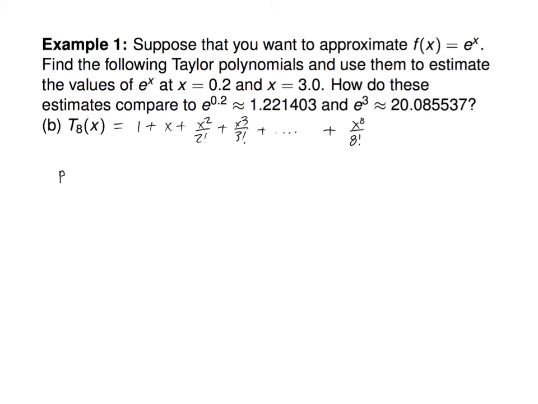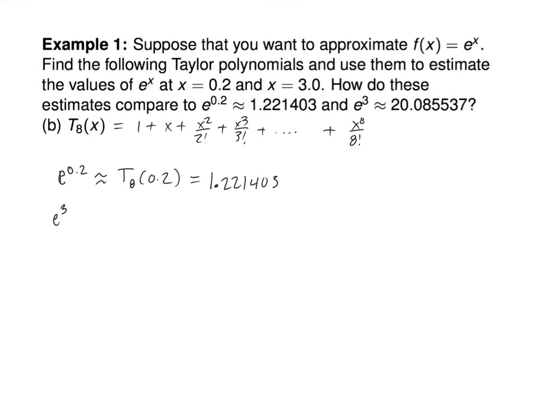If you want to estimate e to the 0.2, that'd be about equal to plugging 0.2 into this polynomial, which is kind of amazing. You get 1.221403. Okay, so going with just 8 terms, you're already estimating e to the 0.2 the same as your calculator gives you. That's the accuracy you have.